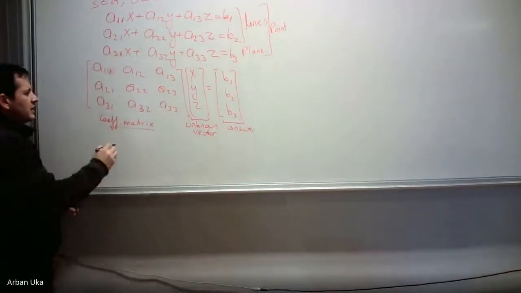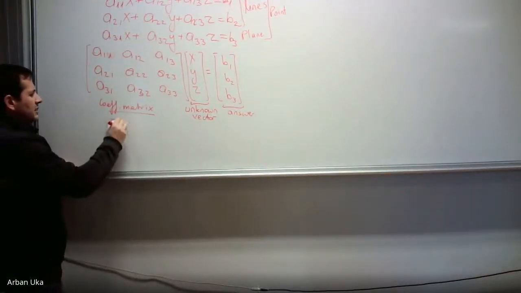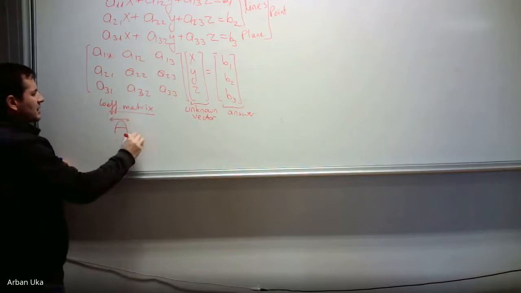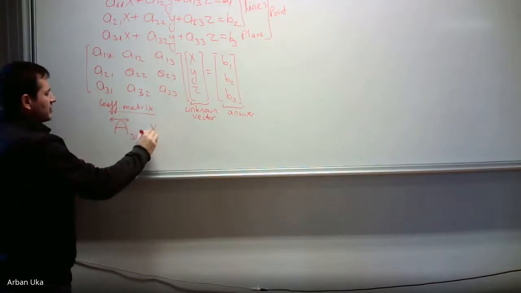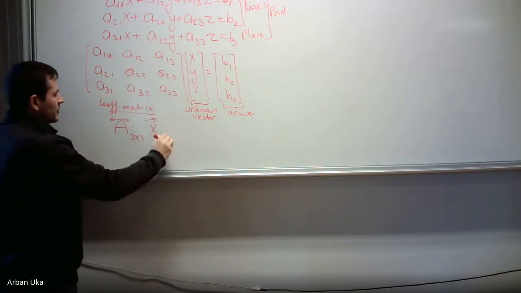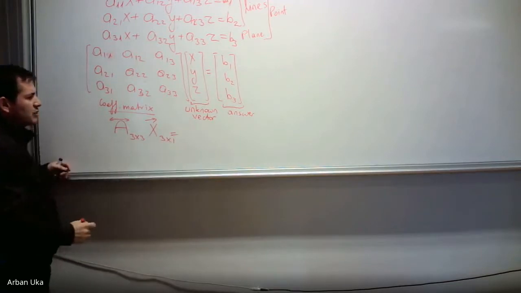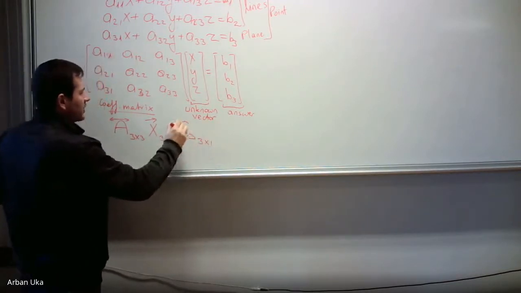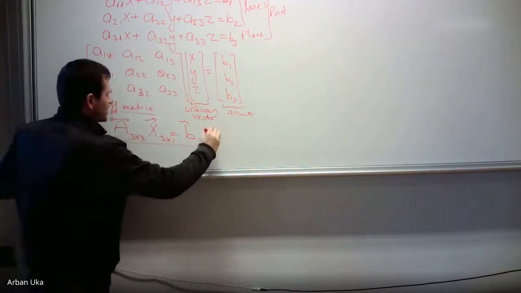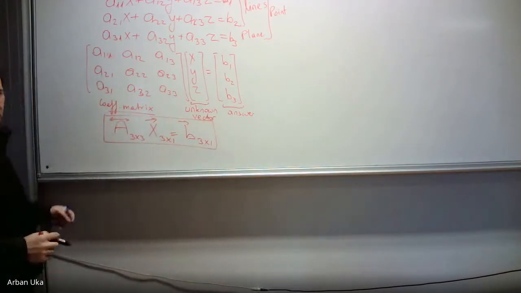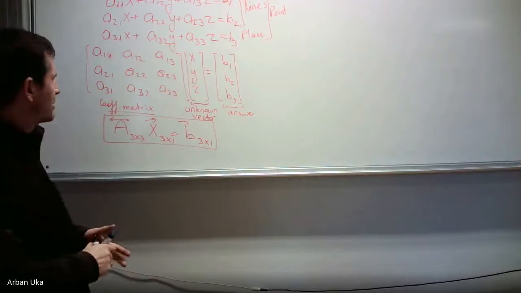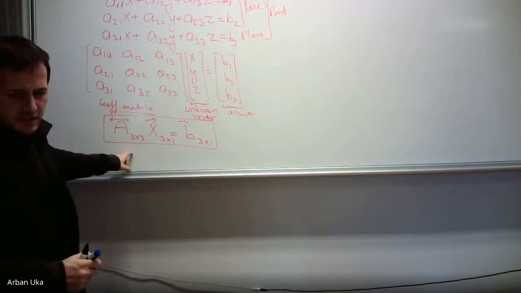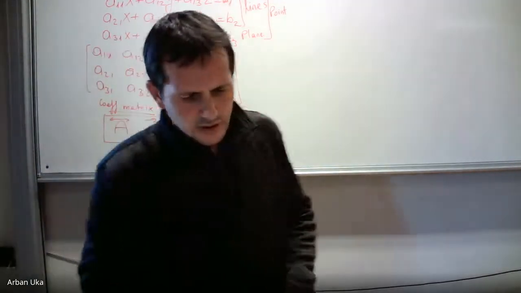So this whole thing we can also write as A, which in this case is 3 by 3, times a vector x, which is 3 by 1, equal to the answer vector b, which is also 3 by 1. This is the same expression, but it expresses it in a more elegant way.